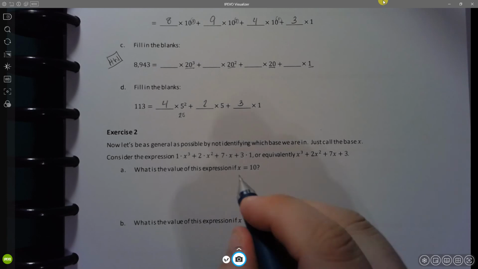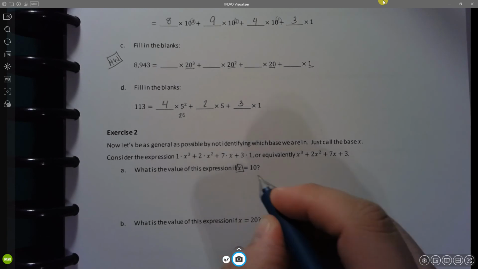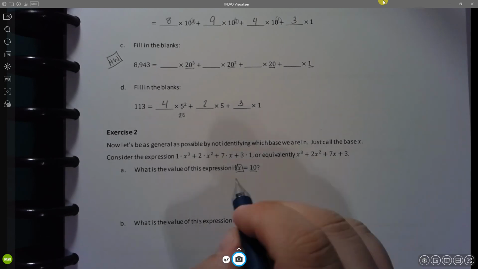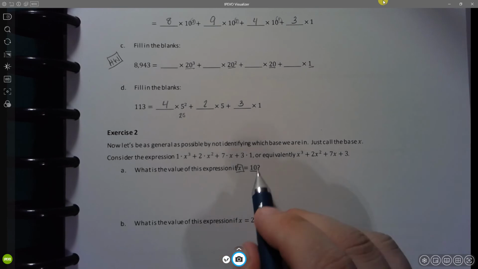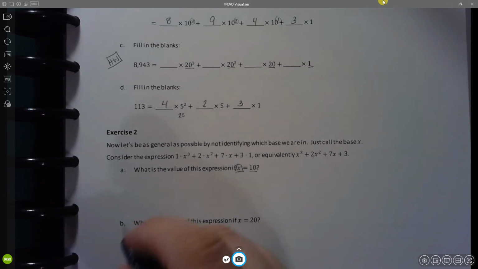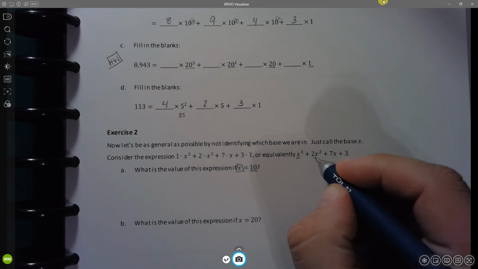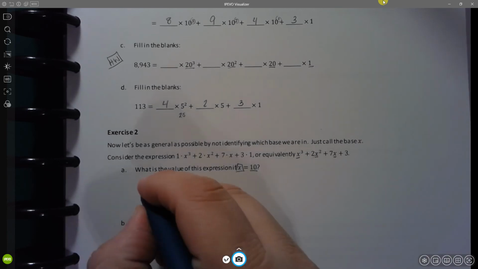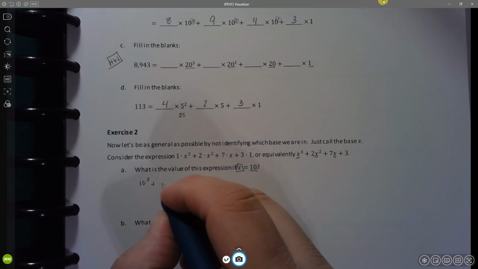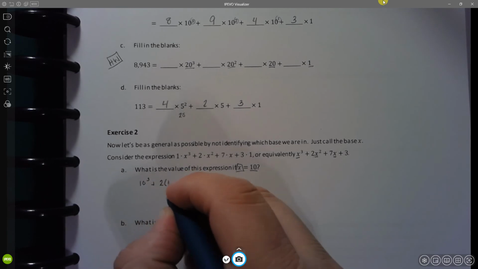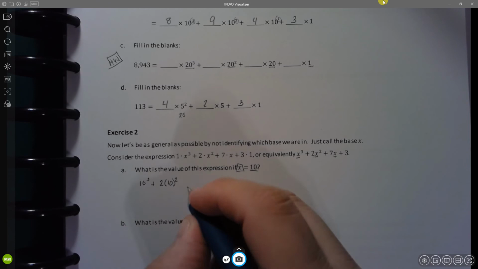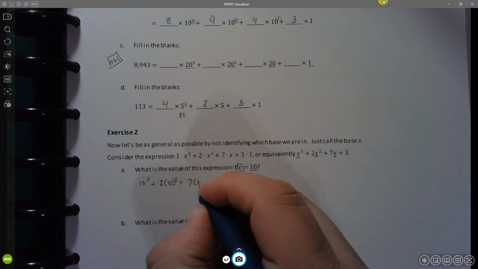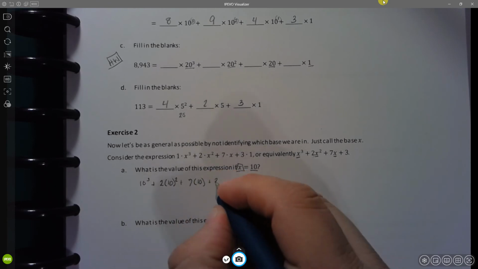So that means everywhere I see an x, I substitute in the value 10. So this would be 10 cubed plus 2 times 10 squared plus 7 times 10 plus 3.